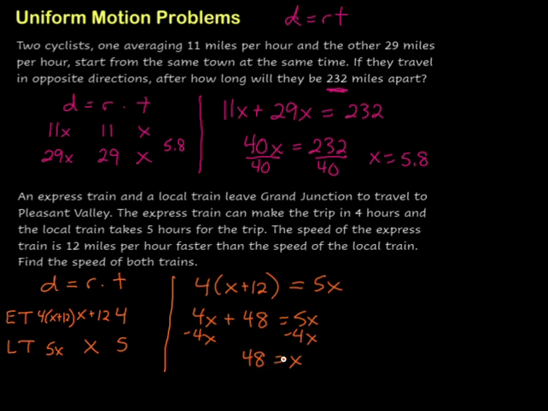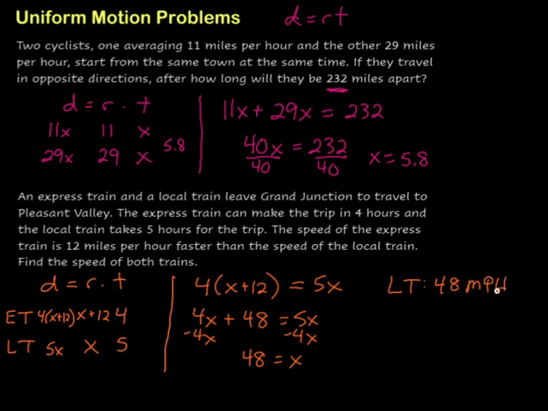Remember how important it is to label and set up what exactly these variables stand for. If we go back to our original problem, right here was the x. That is the rate or the speed of the local train. So the local train, LT, is traveling at 48 miles per hour.